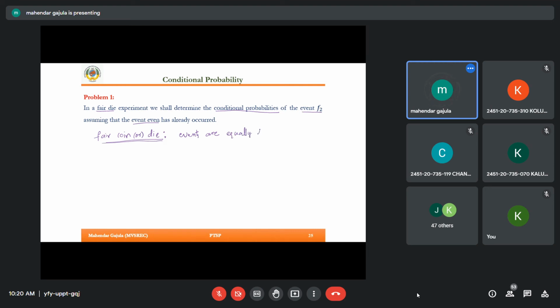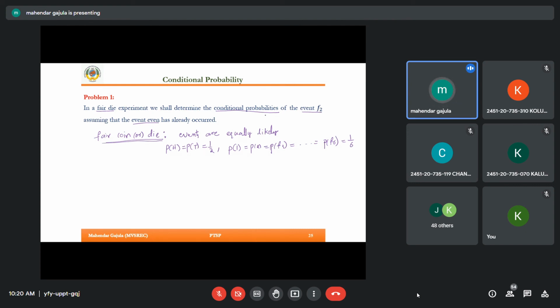That means in case of a coin, probability of heads is equal to probability of tail, equal to 1 by 2. And in case of a die, probability of 1, probability of 2, probability of 3, like that, up to probability of 6 is 1/6. In that case only we can call it a fair coin or fair die.